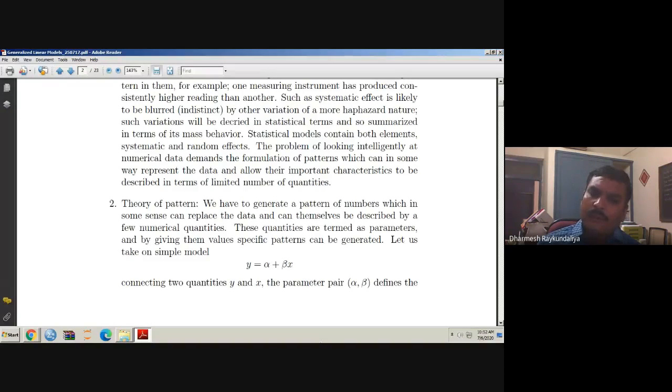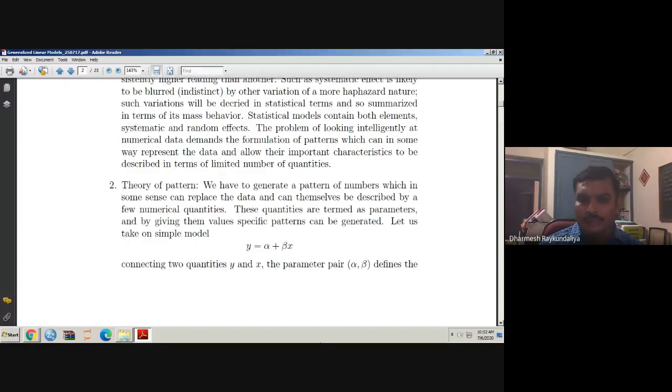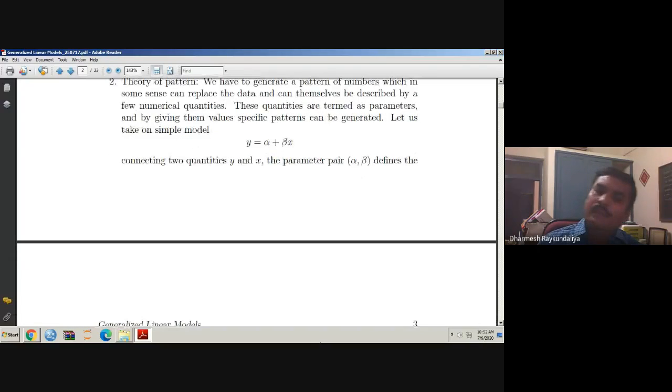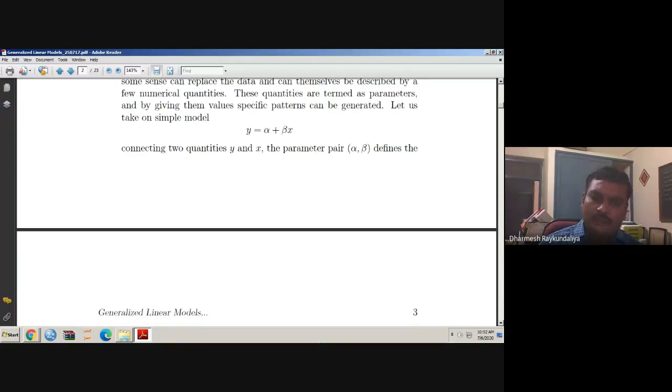If you know the value of alpha and beta, given a value of x, you can exactly obtain the value of y. So in short, y and x are connected by this pair alpha, beta. That means alpha and beta try to capture the patterns available in the data.